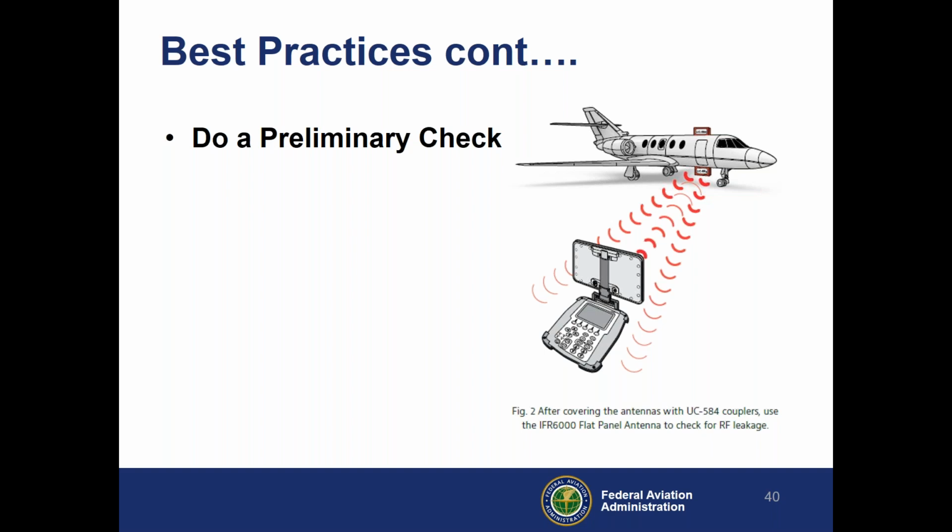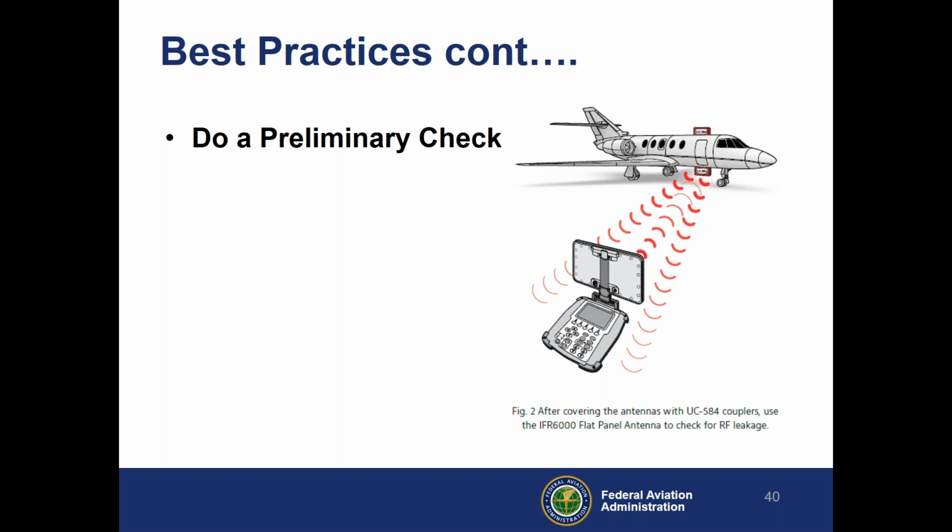You can even set your distance on the IFR 6000 further back than you are to give it a little bit of additional power, or MTL, and find out if the aircraft will respond to your interrogations. So if the aircraft is responding to your interrogations, then you do have some RF leakage with those couplers.